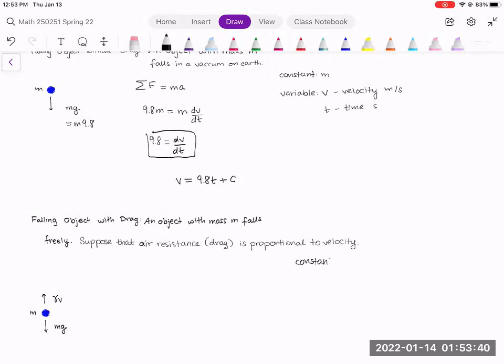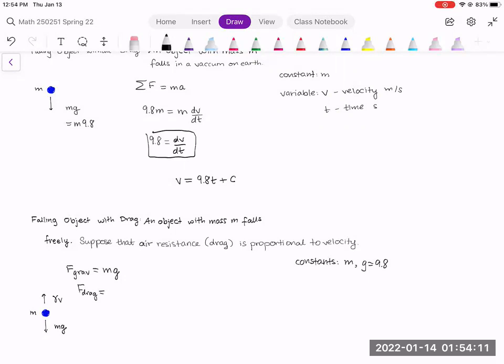Constants, we have mass. Let's write down the forces we see. We have the force of gravity, which was given by mass times the gravity constant. We also have the drag force, which is going to be pointed in the opposite direction of our velocity.